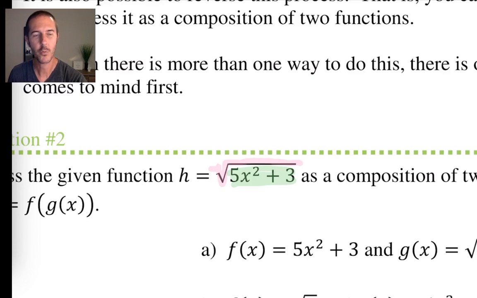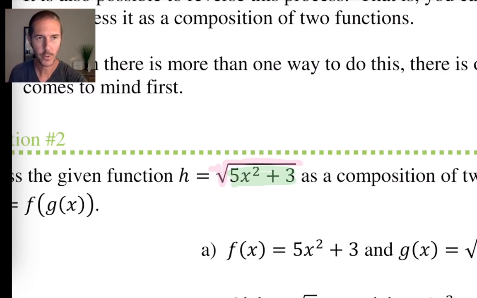Would you say that the square root function is inside of the 5x squared plus 3? I don't think that you would, especially visually, just looking at it. That square root symbol is almost like a roof or some kind of a shelter that's literally over the 5x squared plus 3.